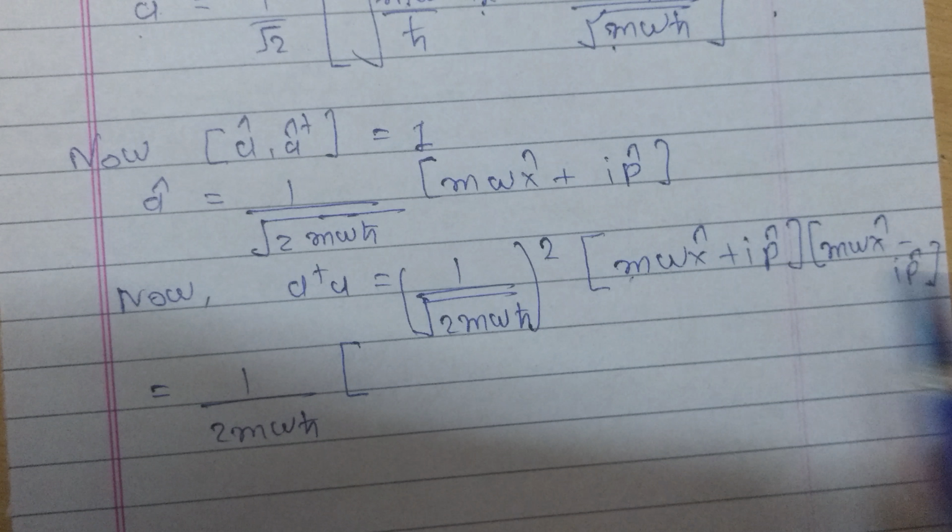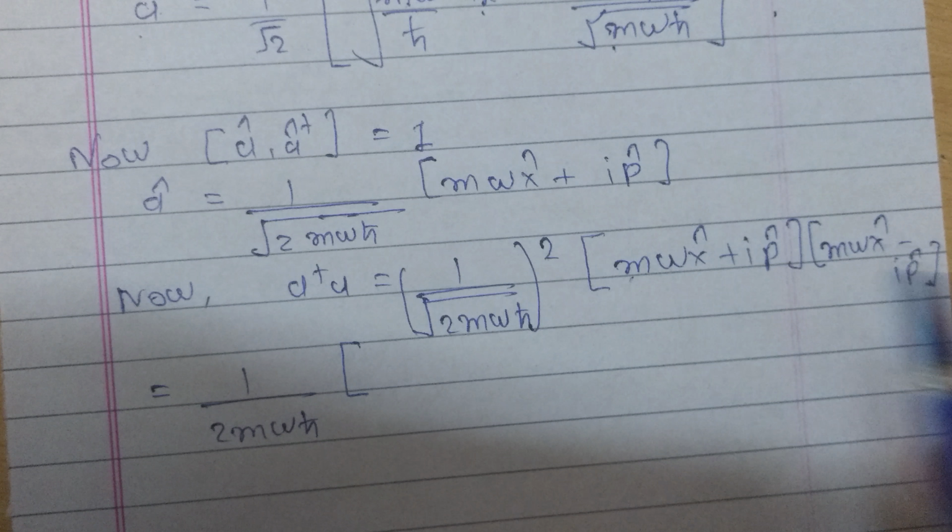Now a dagger a will be 1 upon twice m omega h cut into m omega x cap plus i p cap into m omega x cap minus i p cap.